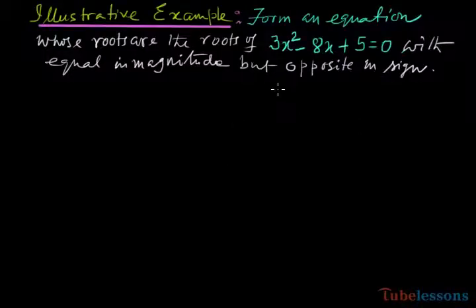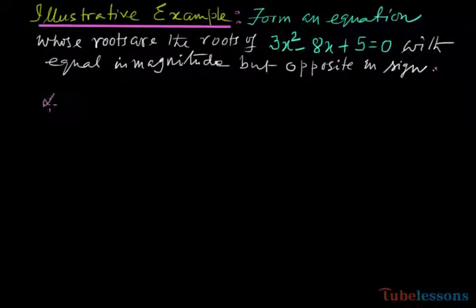Now the question is: form an equation whose roots are the roots of 3x square minus 8x plus 5 is equal to 0 with equal magnitude but opposite in sign.